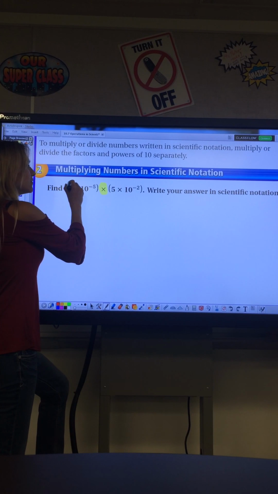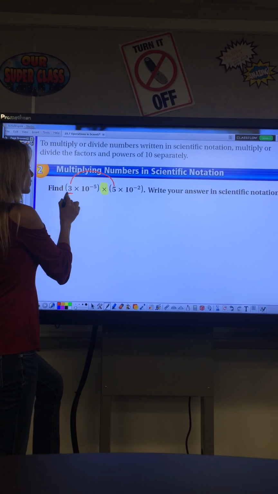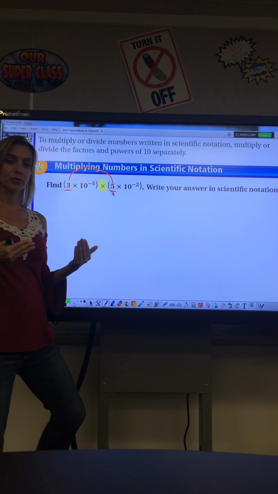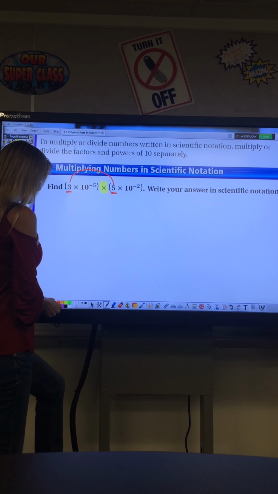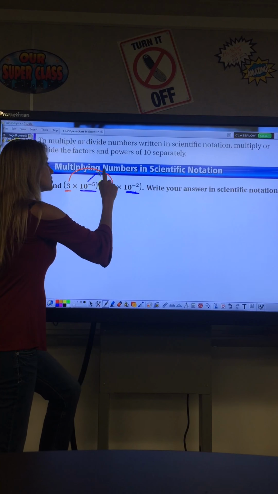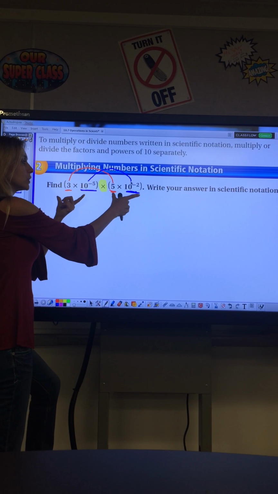It's kind of like combining like terms. I know that the 3 and the 5 are my main factors. Then I also know that my powers of 10, those two belong together. Those are like terms.